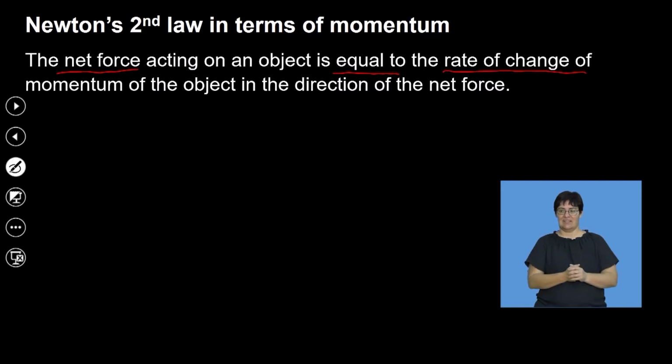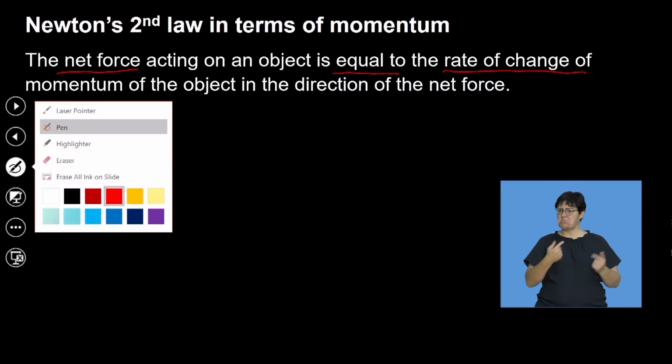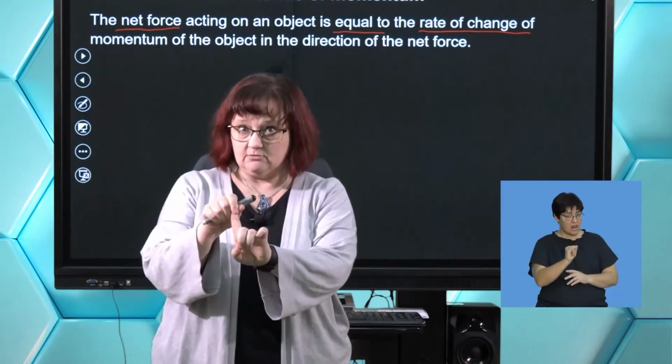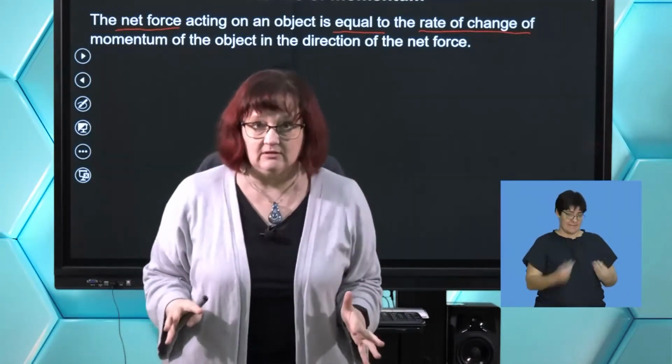And I took that away, that's why. Oh, why doesn't it want to write for me? All right, we'll get back to that. And it's in the direction of the net force. So normal Newton's second law still relates to the direction, okay? So you've got to have direction in there.